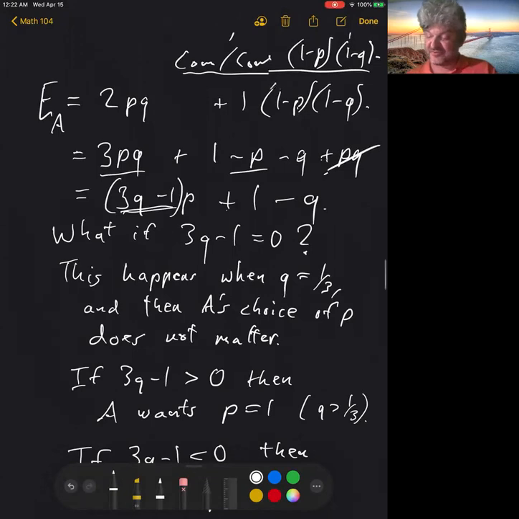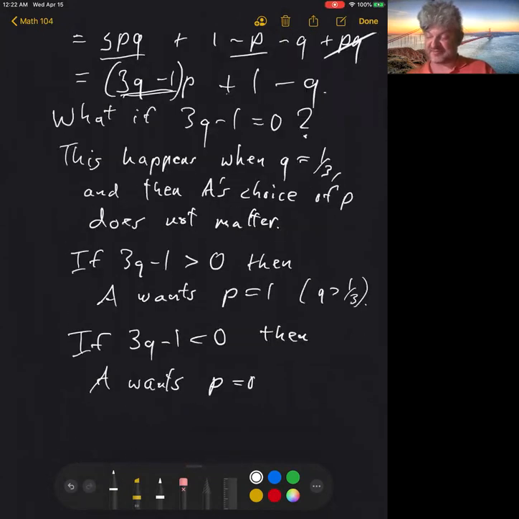They will do that, choose P as 0, and this is all happening when Q is less than 1/3.